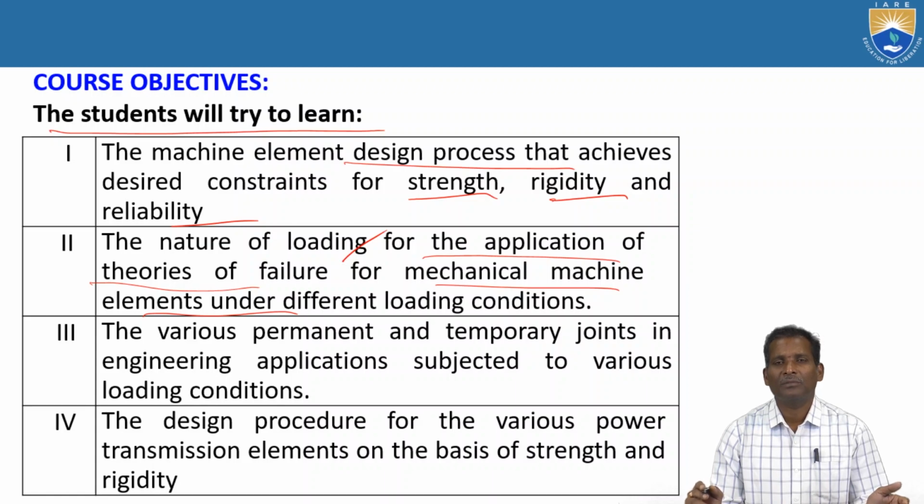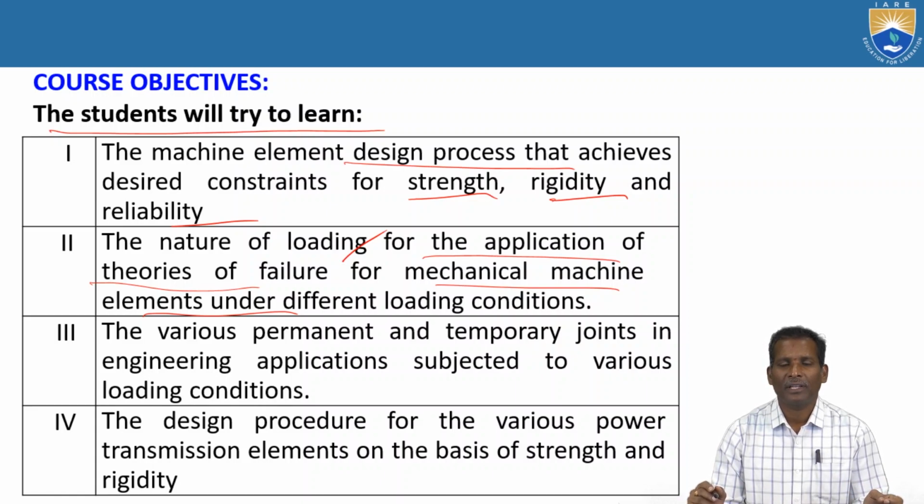So which theory is useful? The student will learn, and also in this topic, whenever the component is subjected to combined stresses, like variable stresses, how to calculate the variable stress?